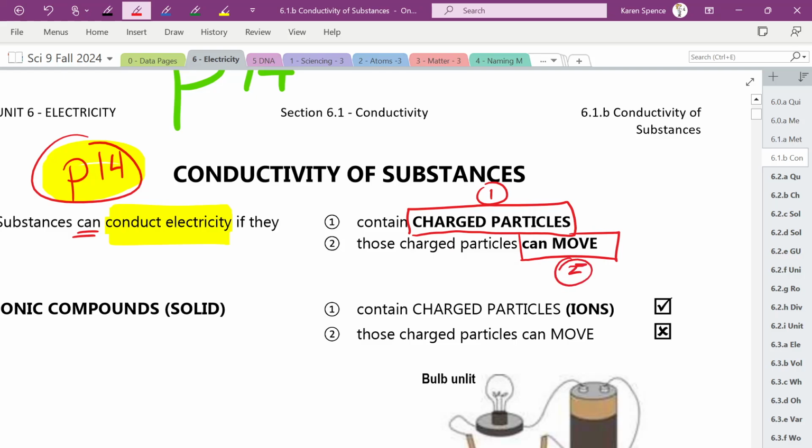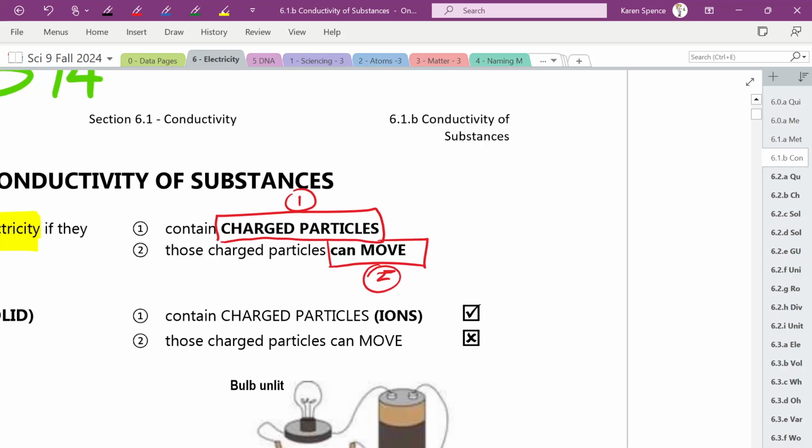So I would like you to brainstorm with your partners. What are some charged particles?